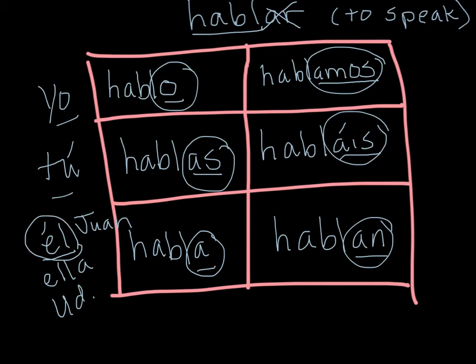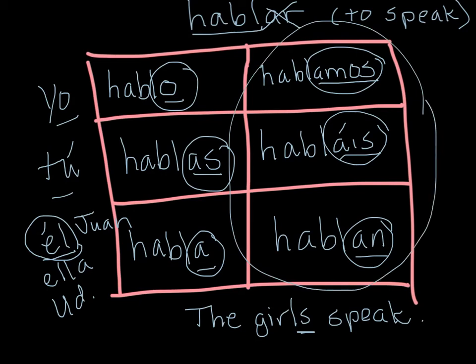If you want to say the girls speak, which one do you think you would use? Okay, it's plural, so I got to go to this side, and I would use hablan, because that goes with they or ellas in Spanish, and that's what girls would be. So I would say las niñas or las chicas hablan.